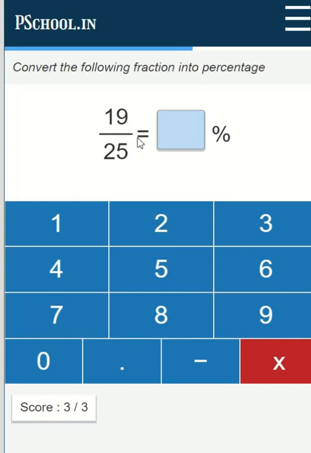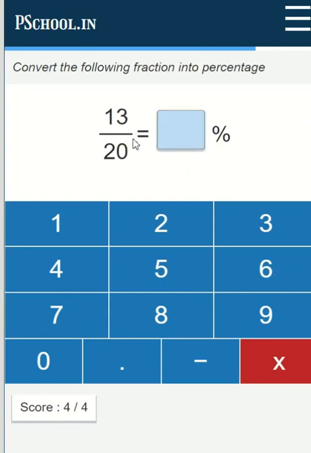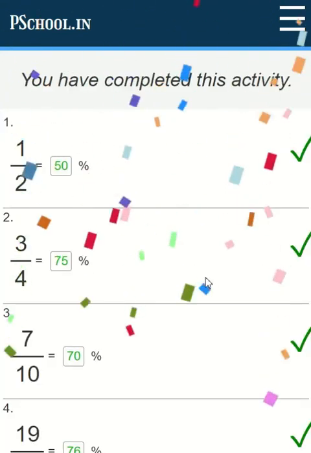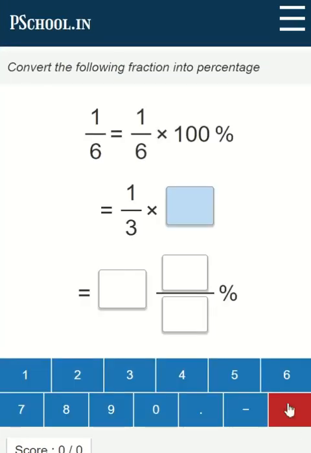By multiplying both numerator and denominator with 4, we get denominator as 100. So 19 4s are 76. If you multiply both numerator and denominator with 5, we get 65 by 100. We have got all correct. Let's move on to the next set of problems.